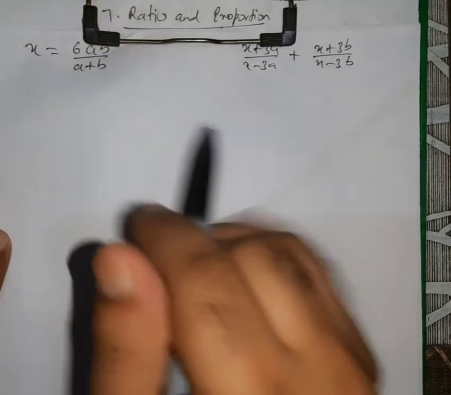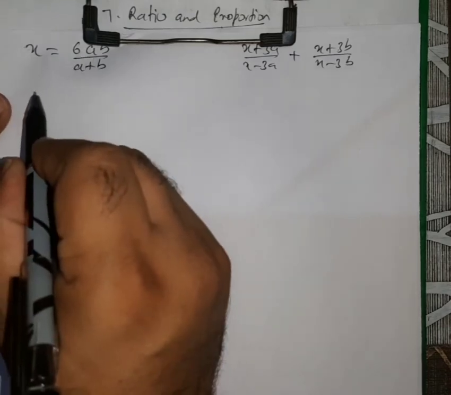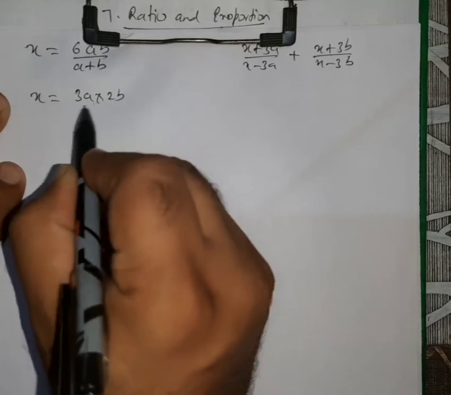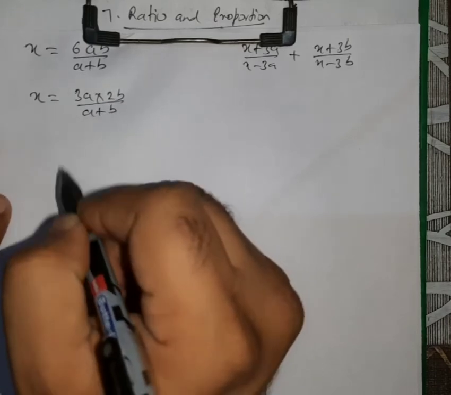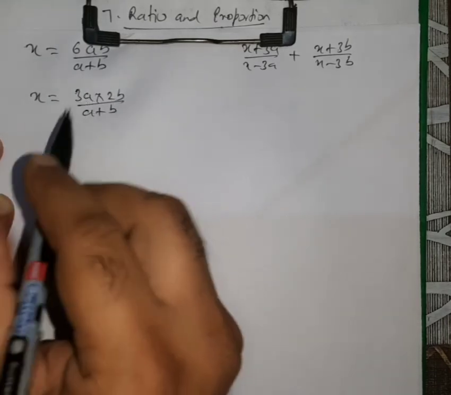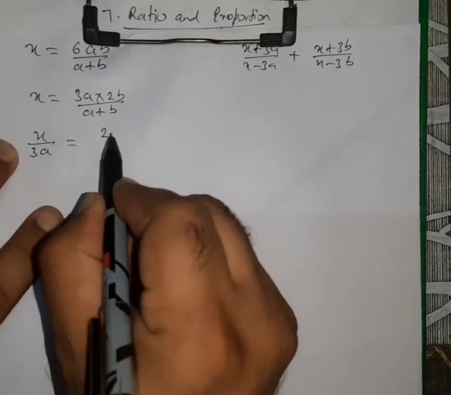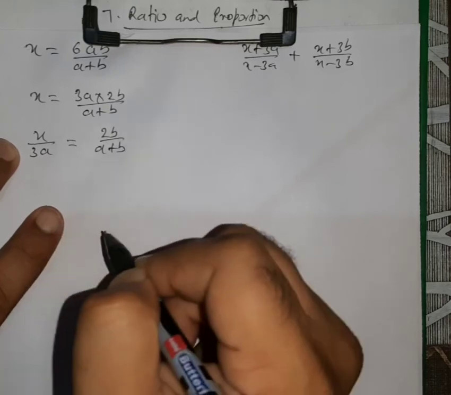So in this part this is given. So I'm writing this as x is equal to 3a multiply 2b over a plus b. So now this 3a I am taking on the left side, so this will become x over 3a is equal to 2b over a plus b.